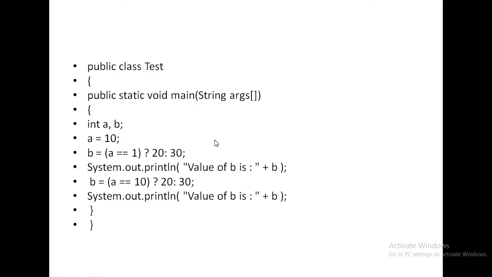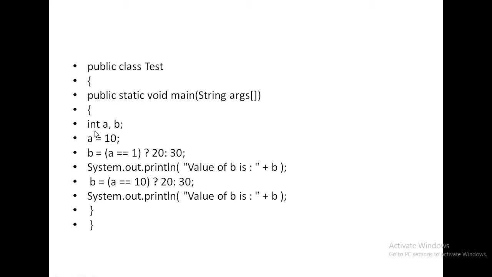So this is one small example of the ternary operator. First I am writing class Test. Always the name of the class should start with a capital letter. Class Test, public static void main(String args). This is the main method. In String, S must be capital because String is the inbuilt class name in Java.